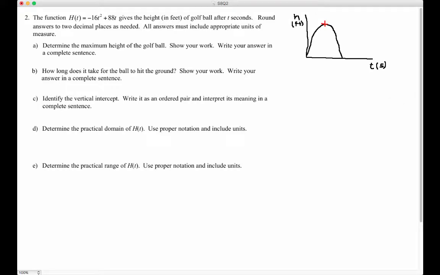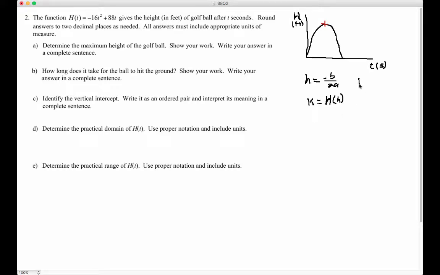Okay, so wherever we find that vertex, that's going to be our maximum height. So if we recall how to find a vertex, we've got to calculate h, which is equal to minus b over 2a, and we've got to calculate k, which is equal to H of h. In this case, let's do a capital H, because that was what was given to us. It'll make more sense that way. Okay, cool. So let's go ahead and figure out what b and a are.